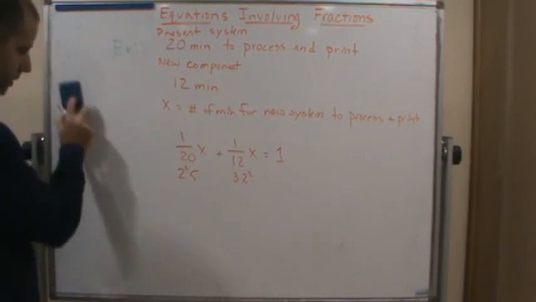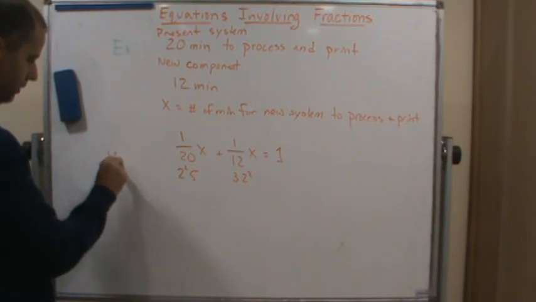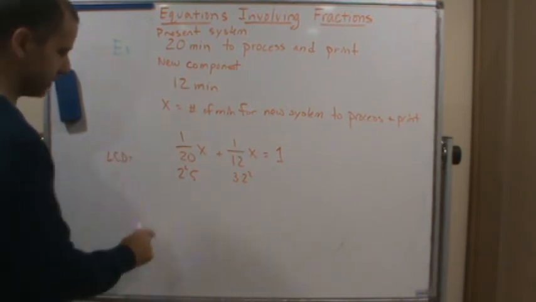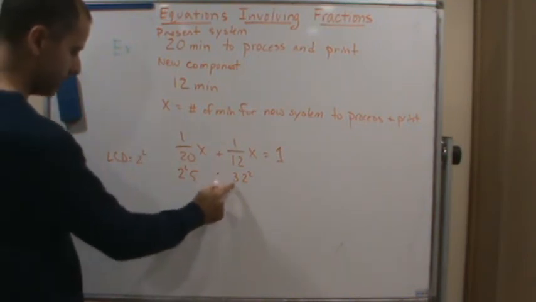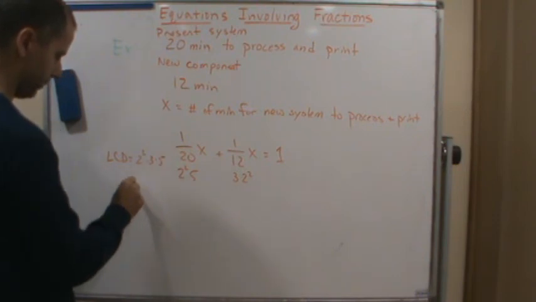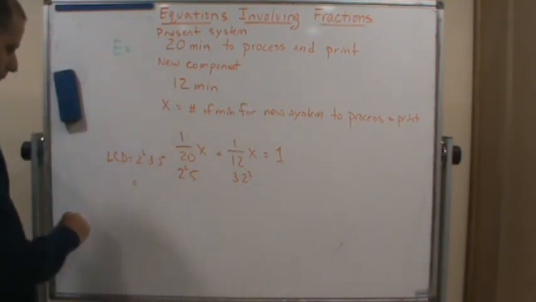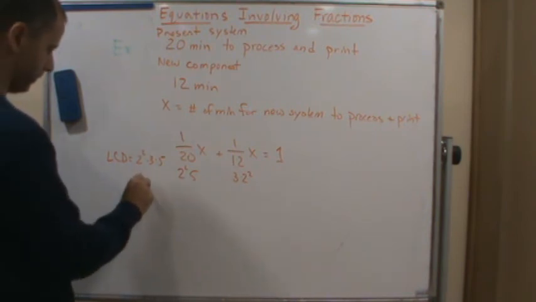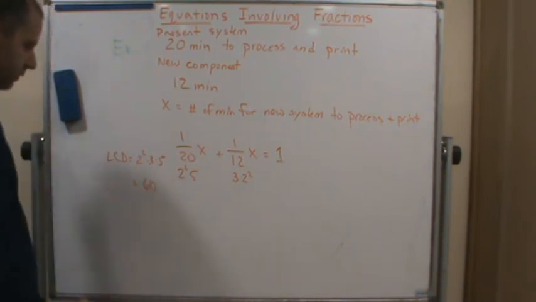So the least common denominator in this case is going to be 2 squared times 3 times 5, so you get 15 times 4, which is 60.